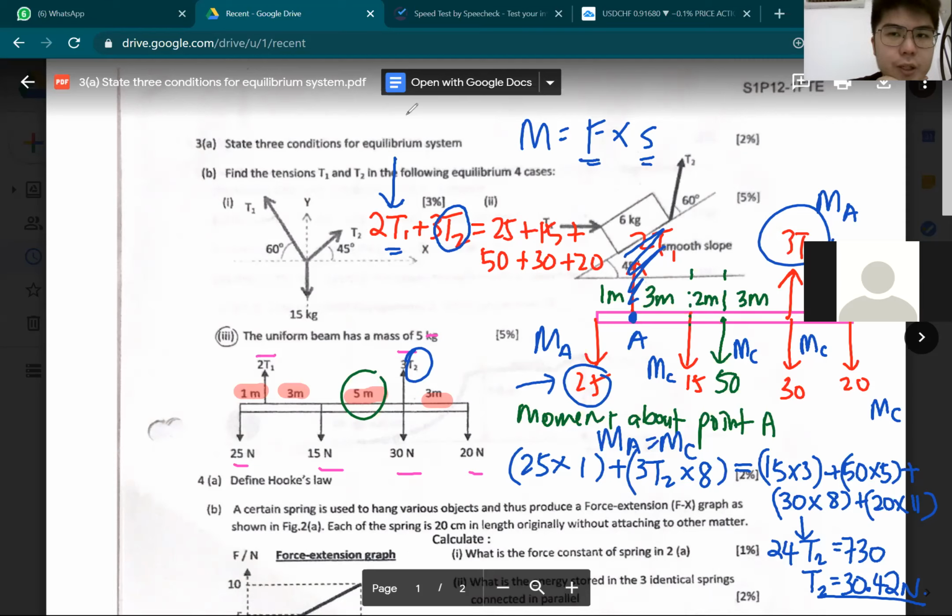Okay, so any question, please let me know. If no question, you can write this down. Sorry, it's a little bit messy. Okay, still can see, right?